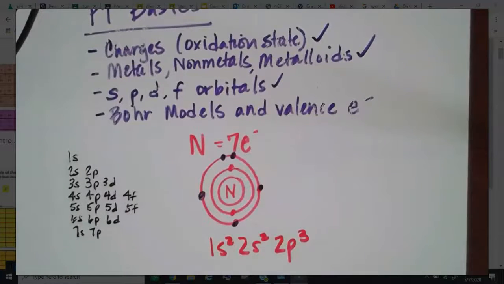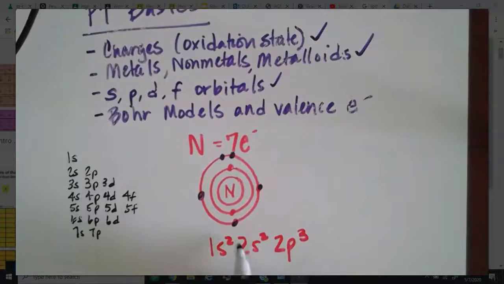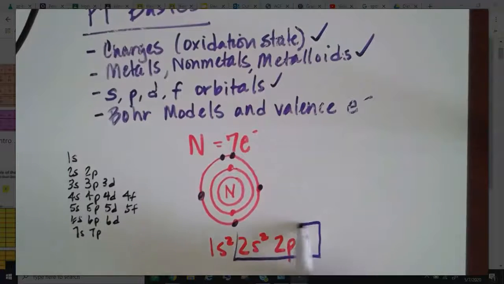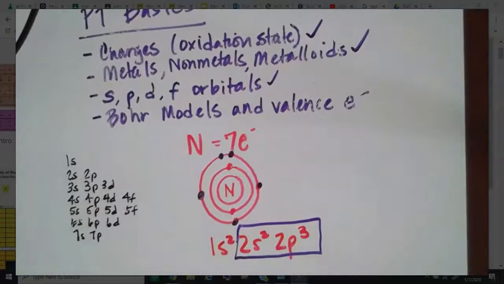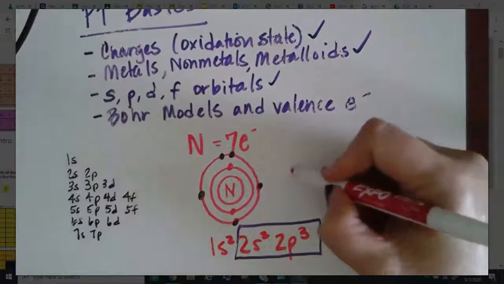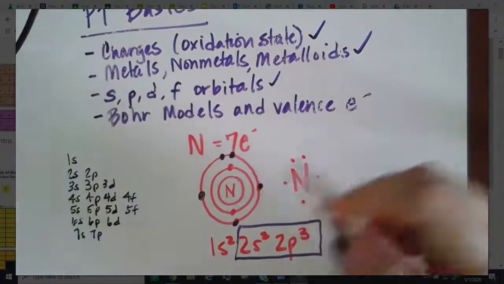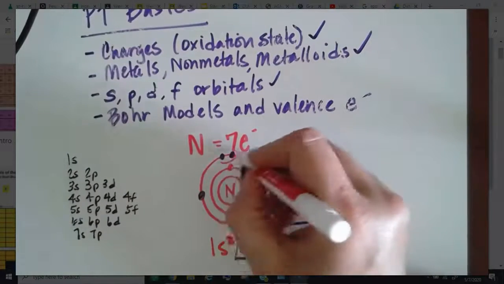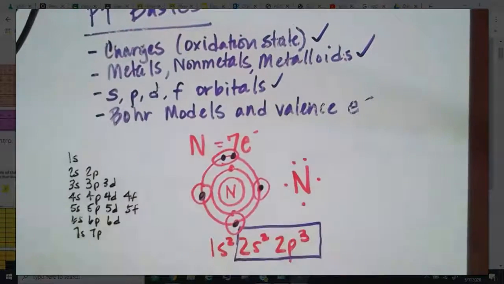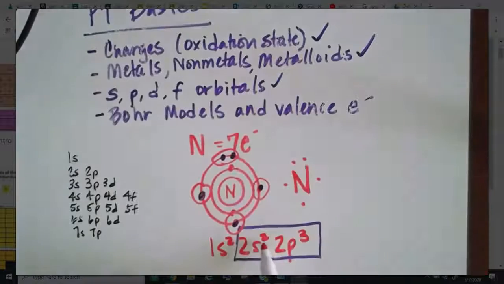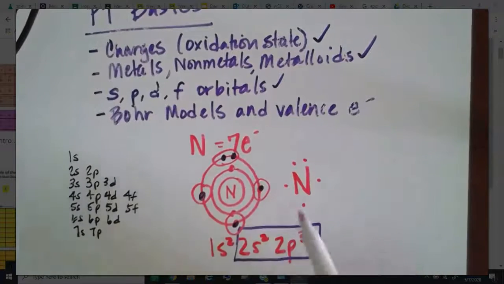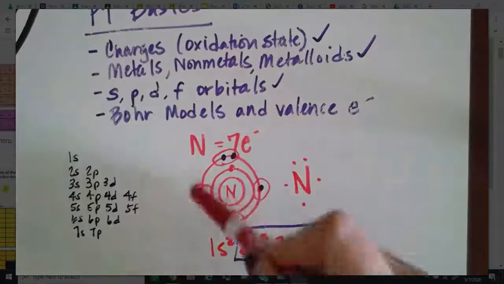Well, your valence electrons are your last s and p orbitals, which are right there. Which means, just like when you drew this, when you do your Bohr model for nitrogen, 1, 2, 3, 4, 5. It's the 5 in the outer shell. There's your 5, and 2 plus 3 is 5. So there's your outer electrons.